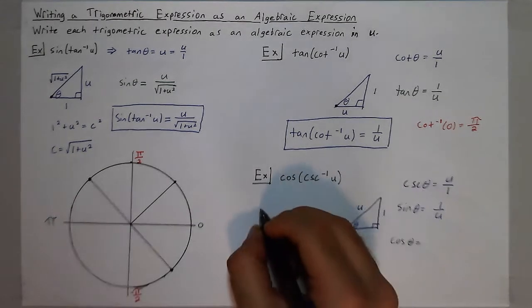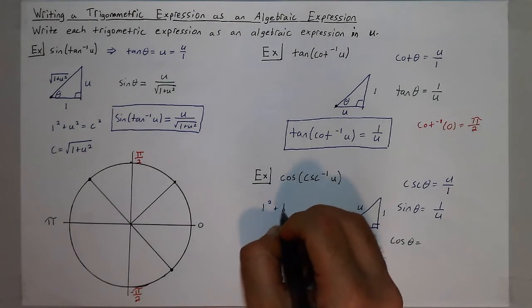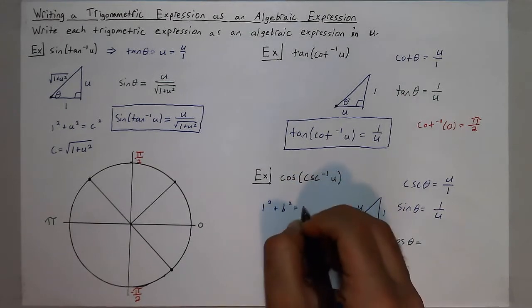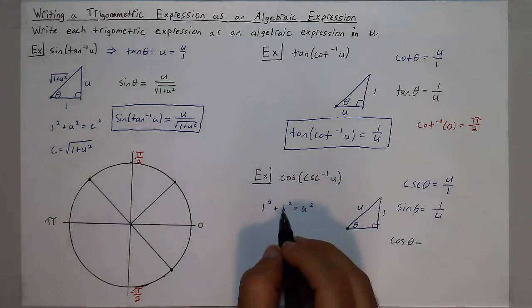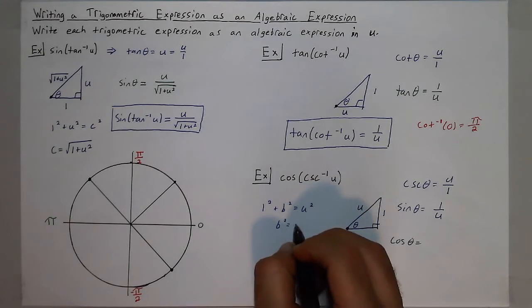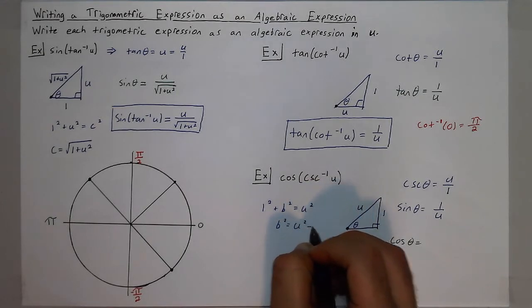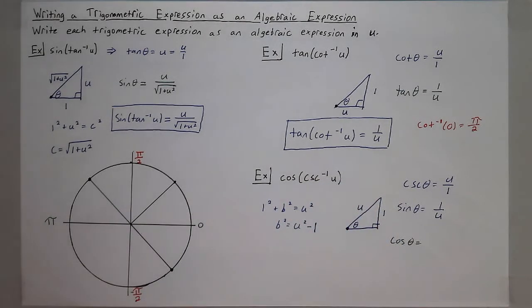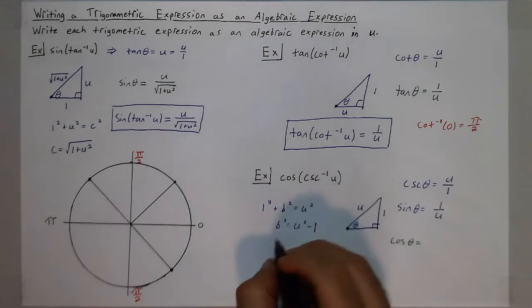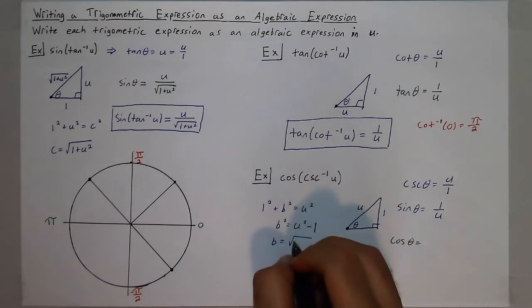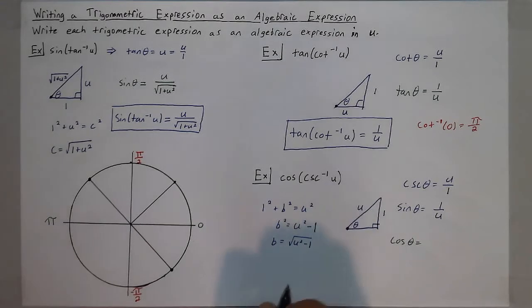So I'll have 1 squared plus b squared is equal to u squared. And I'm going to solve for b. So b squared equals u squared minus 1. And b is going to be equal to the square root of u squared minus 1.